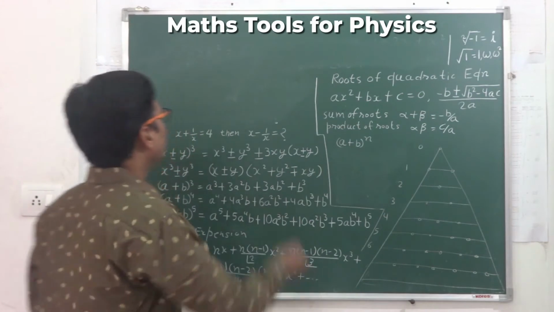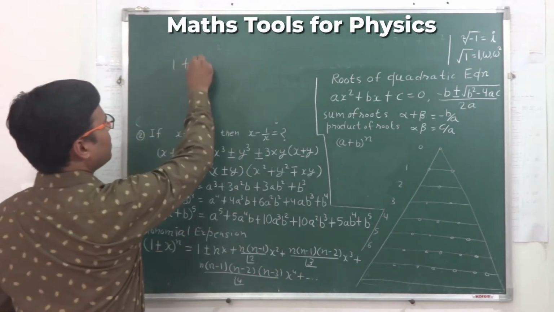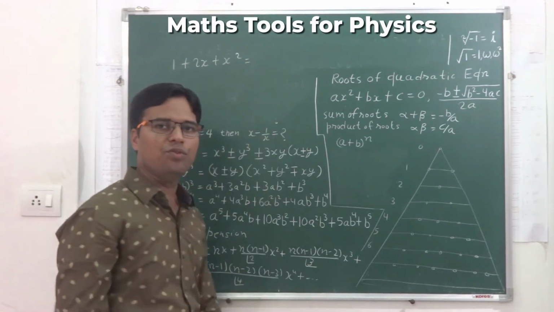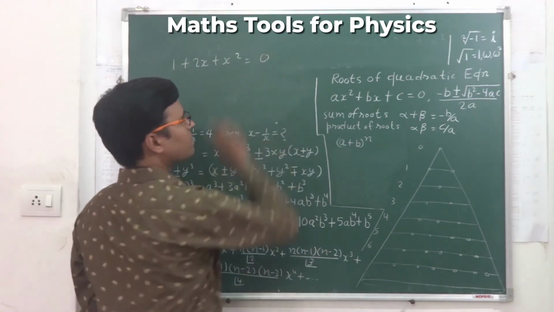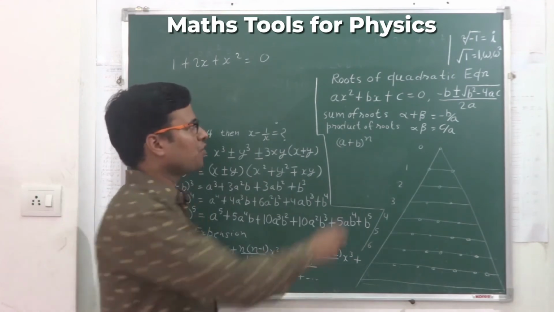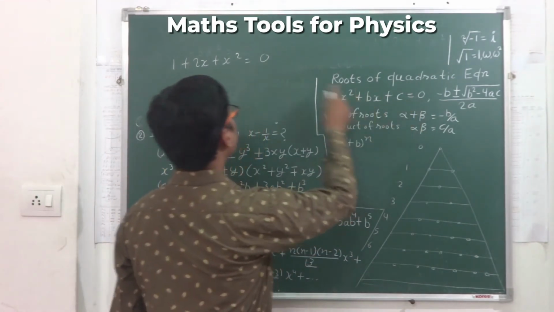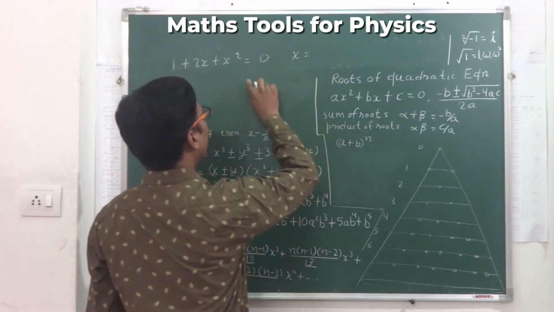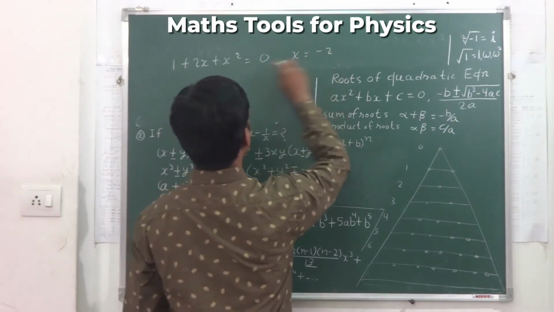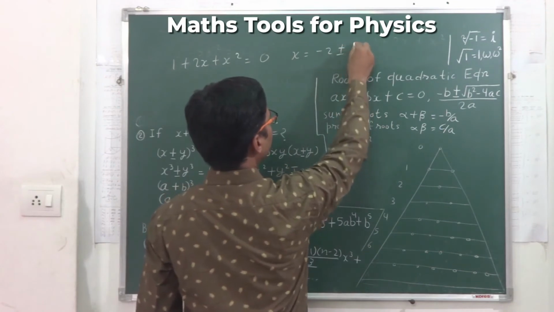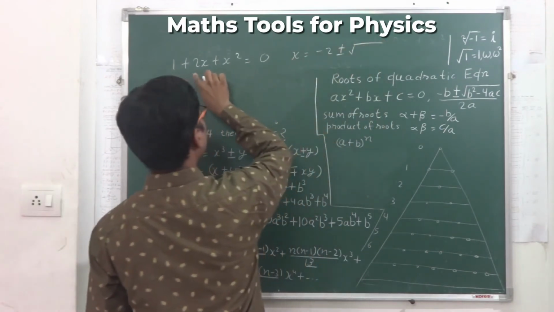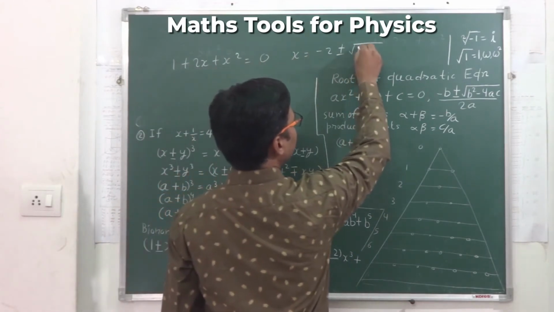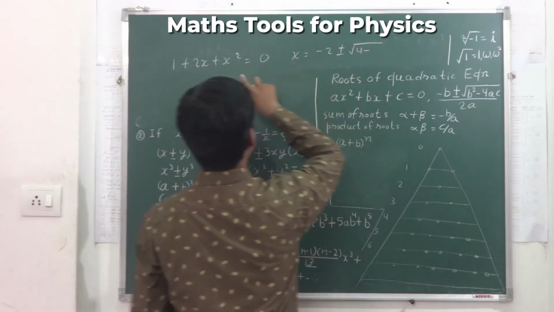Students, if you have a quadratic equation like 1 plus 2x plus x square equal to 0, now if I try to solve it with this equation, the x value can be equal to minus b, that is minus 2, plus minus square root of b square. The b value is 2, so b square is equal to 4, minus 4ac.